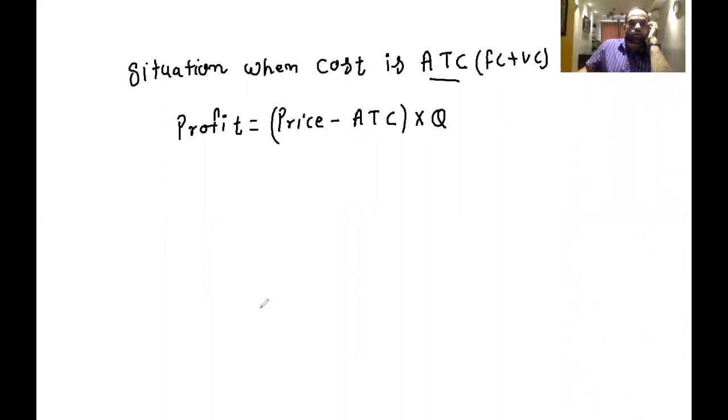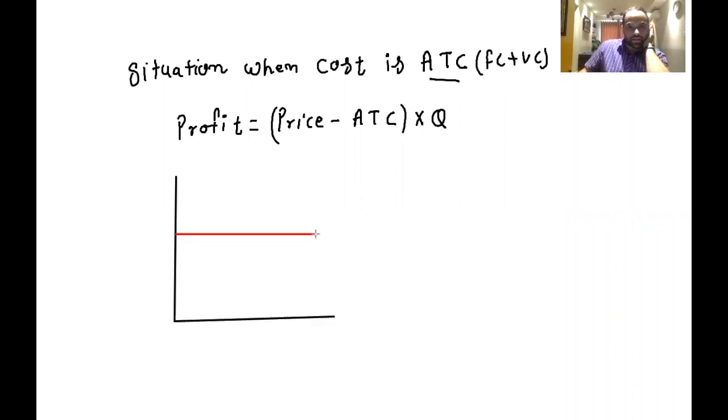All right, so let's draw the graph where we have a profit area, the profit situation, if we have an average total cost. And your demand curve is going to be like this.